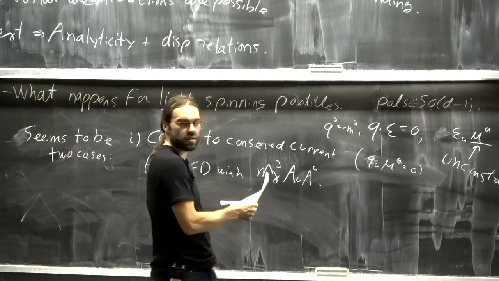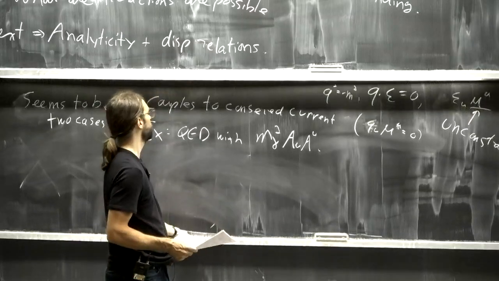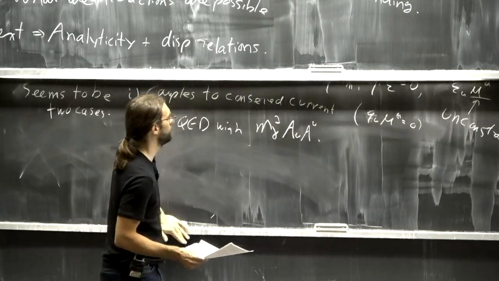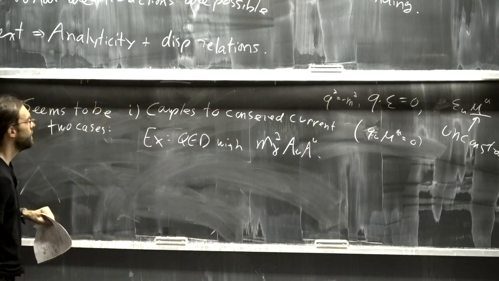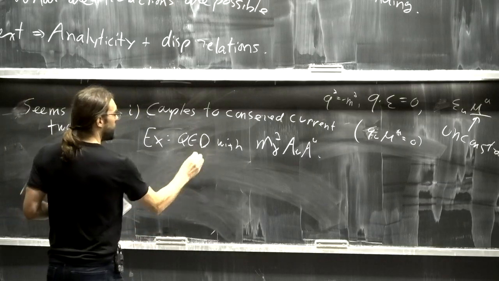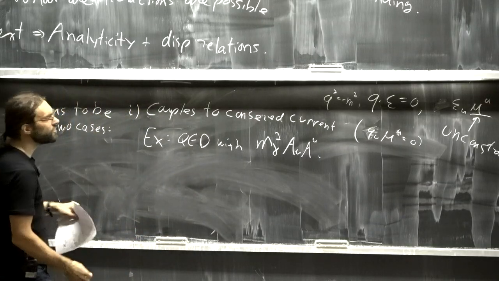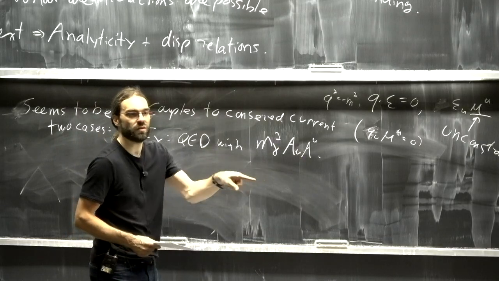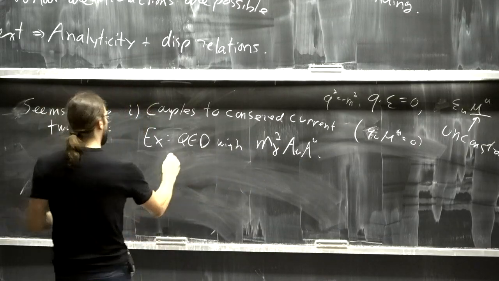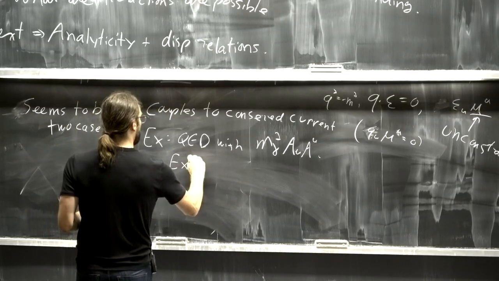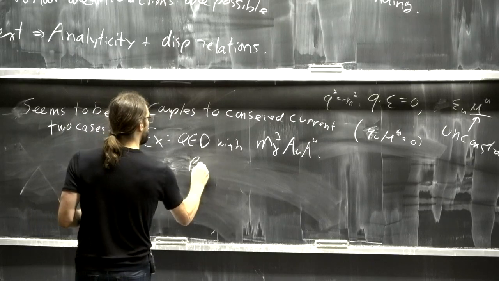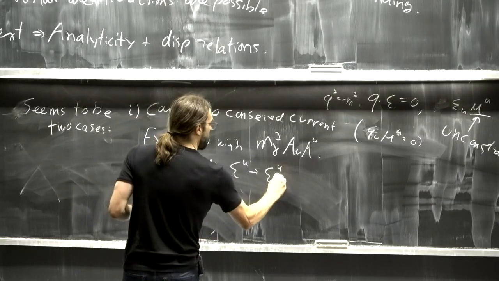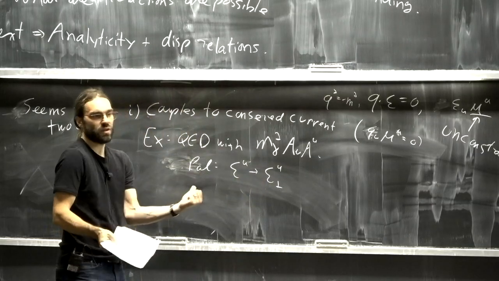So let's analyze this theory a little bit more. The photon nominally now has an extra degree of freedom. It has 3 polarizations, not just 2 transverse ones. There's an extra longitudinal one. So the polarization, epsilon_mu, you can write in general as a perpendicular polarization in the 2 transverse directions.